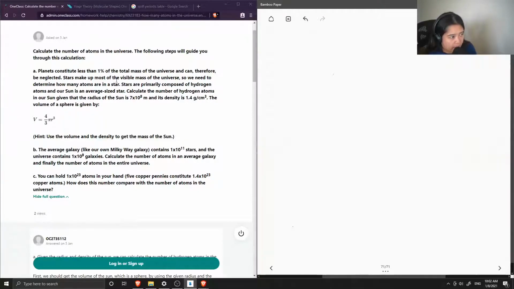Stars make up most of the visible mass of the universe, so we need to determine how many atoms are in a star. Stars are primarily composed of hydrogen atoms, and our Sun is an average-sized star. So calculate the number of hydrogen atoms in our Sun, given that the radius of the Sun is 7 times 10 to the 8 meters, and its density is 1.4 grams per centimeter cubed.